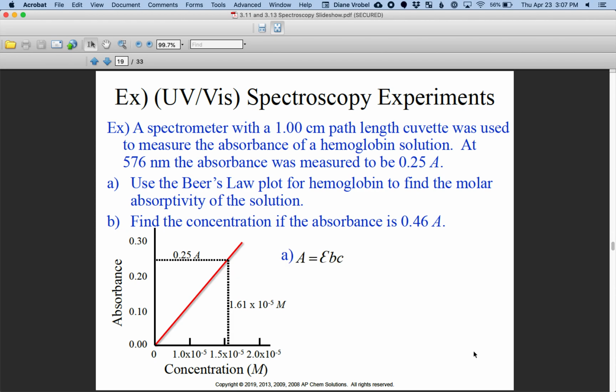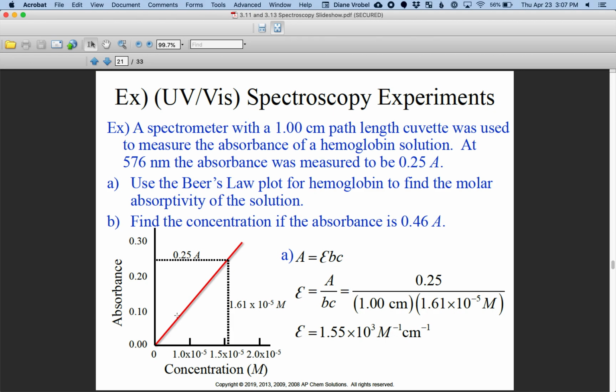Okay. And here's just an example of a spectroscopy experiment where you have a calibration curve. And as a result of it, using that calibration curve, you can calculate an unknown concentration. So they give you the absorption, and then you solve for the unknown concentration based on that.